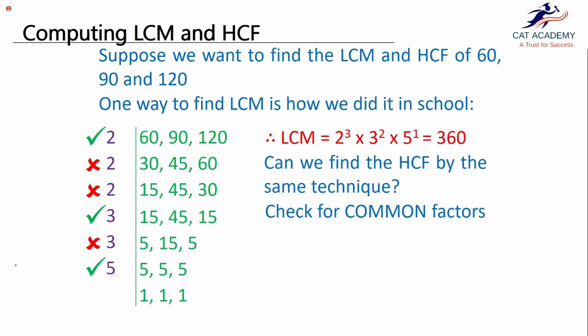Last 5, yes, all 3 numbers are changing. So my common factors are 2, 3, and 5. So my HCF will become 2 into 3 into 5. That is 30. So my HCF is 30 and LCM is 360.